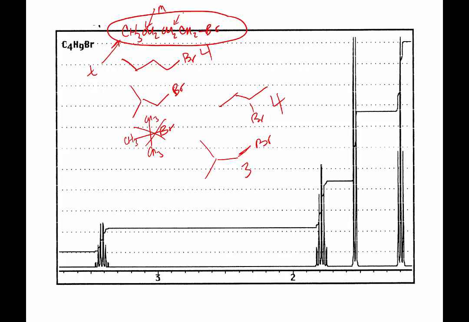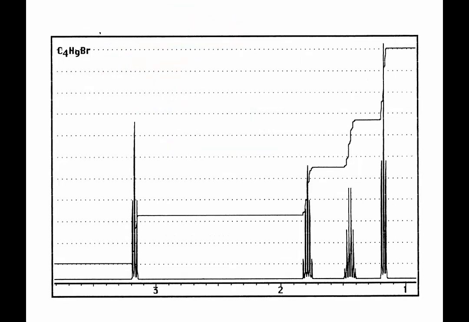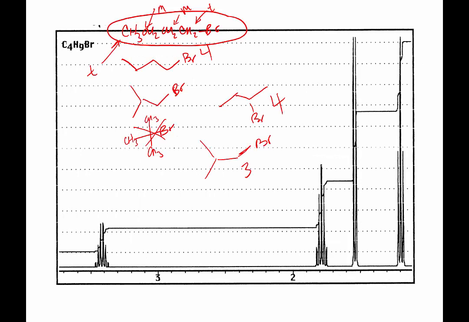So it's going to be a triplet on one side and a triplet on the other, so it's going to be a multiplet. How about the CH2 attached to the bromine? We've eliminated multiplet and doublet on this side. It's a triplet. It's got a CH2 as a neighbor.